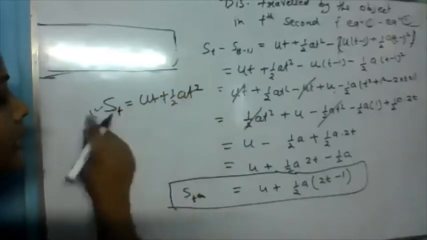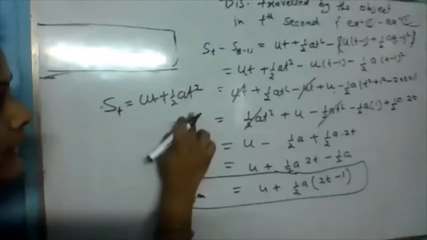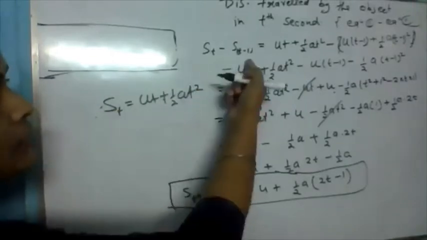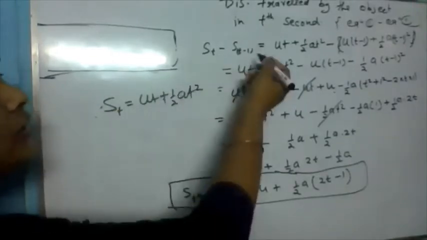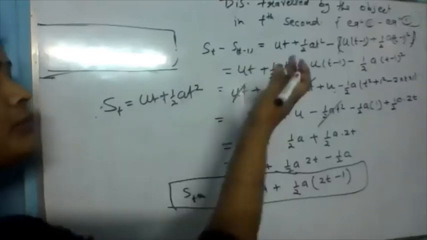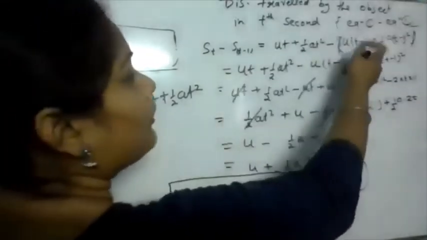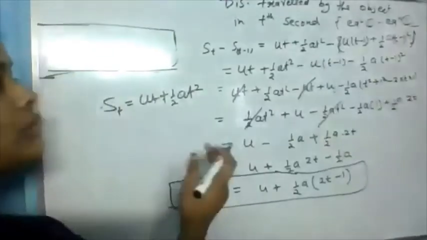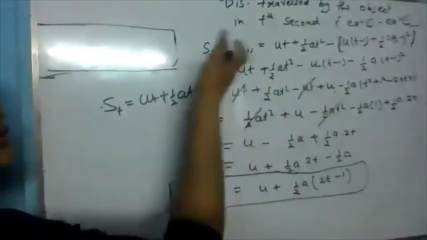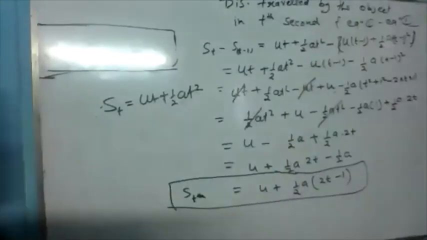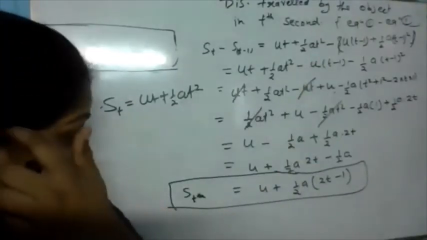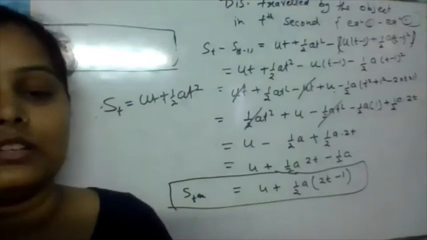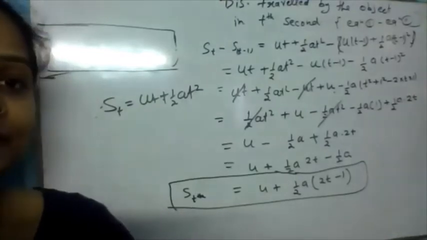For t seconds, after t seconds we can write like this. Then after t minus 1 second, just put t minus 1 in the place of t. Now just simply subtract the second equation from the first equation and do the simple calculation. You will get the formula s equals u plus half a into 2t minus 1. Okay.